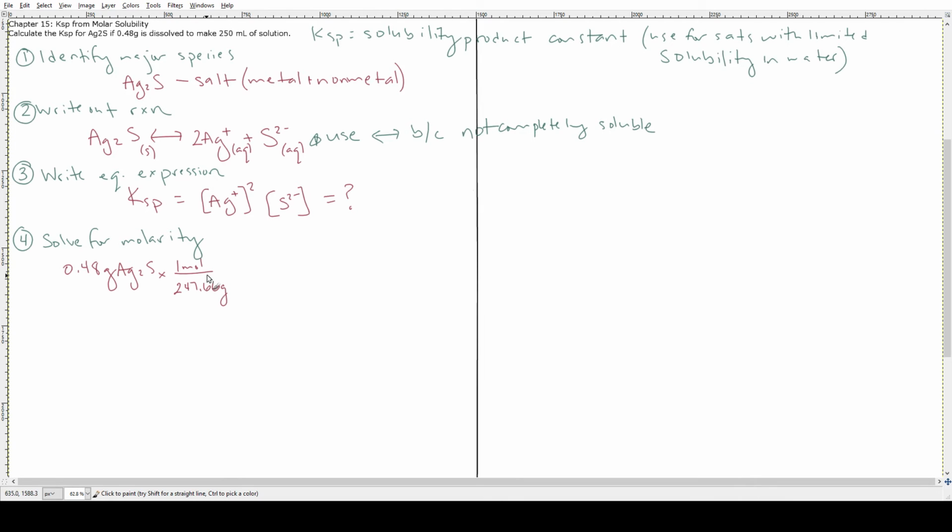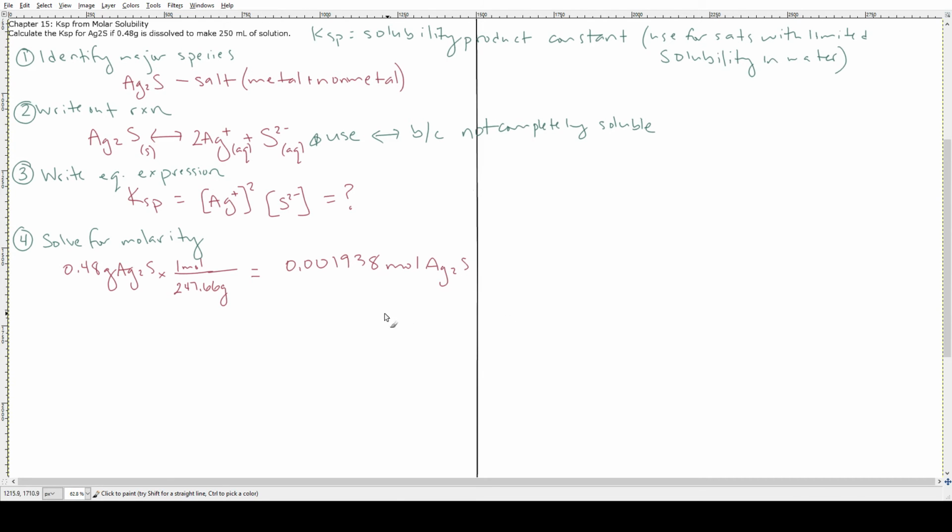Okay, so my grams can cancel out, they're in a diagonal. Let's find out what that number is. So I have 0.48 divided by 247.66. Okay, so I'll end up with 0.001938 moles of my Ag2S.